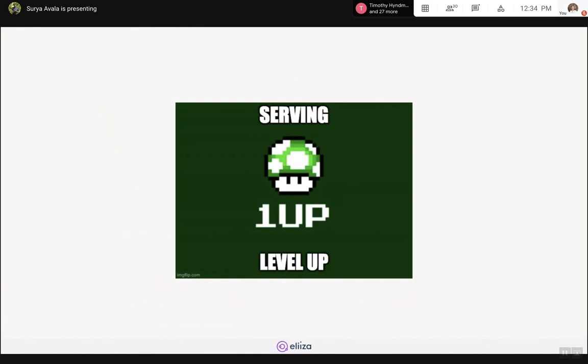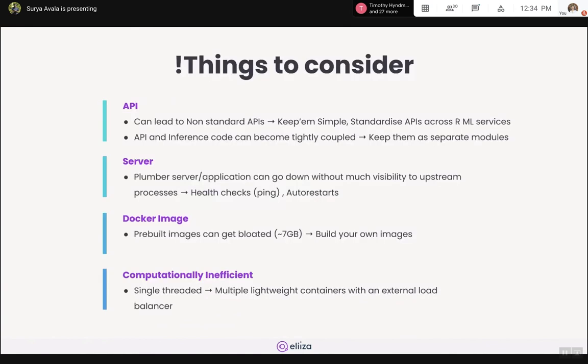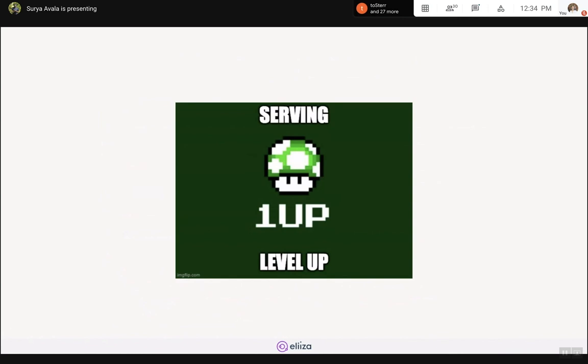If you're building model servers in this fashion, these pitfalls are very common. So people out there in the industry have built open source tools which try to avoid these pitfalls.